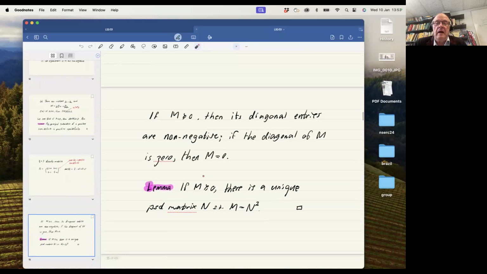The other comment, which follows from the things I said earlier, is that if M is positive semi-definite, its diagonal entries are non-negative, and if the diagonal is 0, then M itself is 0. Well, one argument here is to say if it's positive semi-definite, then its eigenvalues are non-negative. And the sum of the eigenvalues is the trace. So if the diagonal is 0, the eigenvalues are all 0.